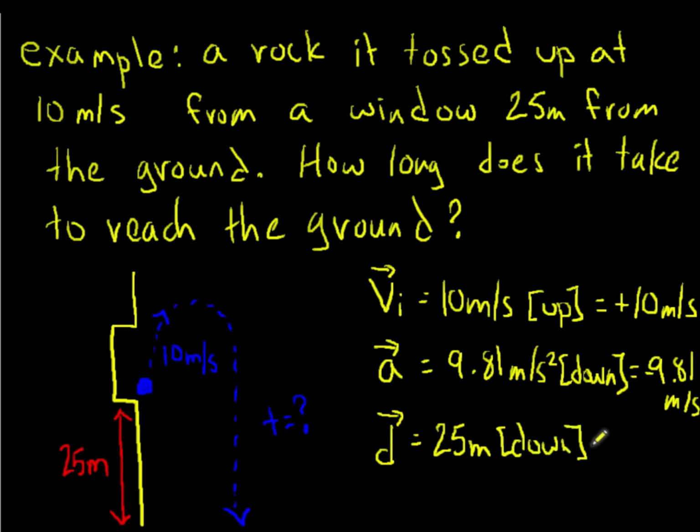It goes 25 meters from start to finish. Because it's down, this is negative 25 meters. The negative is so important to this calculation. Time is question mark. And normally we'd write Vf is don't care. But in this case, do we? Maybe finding Vf might be useful.